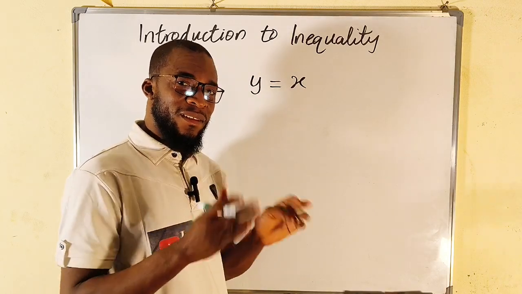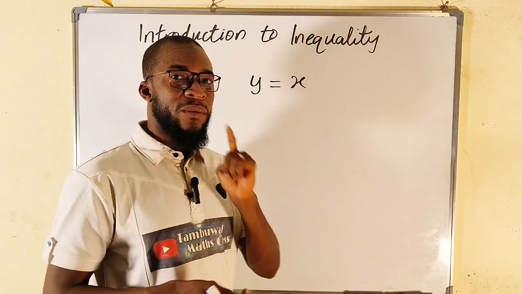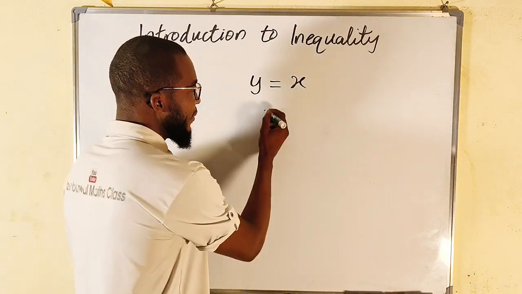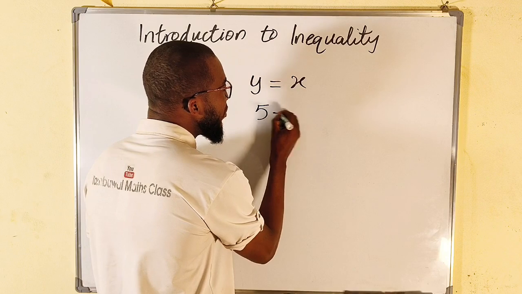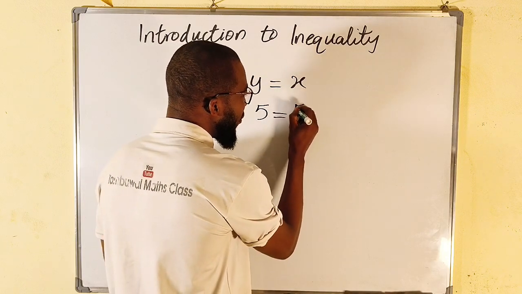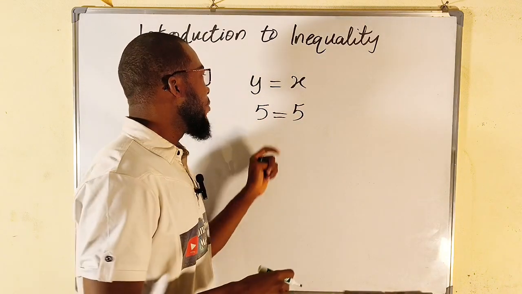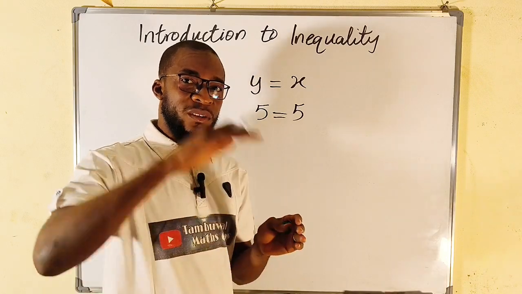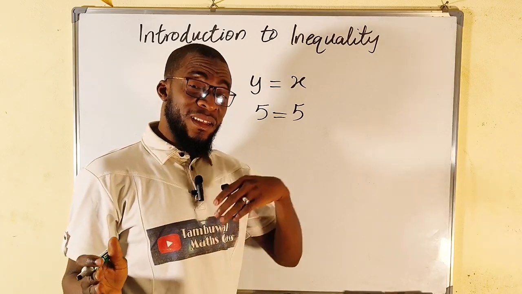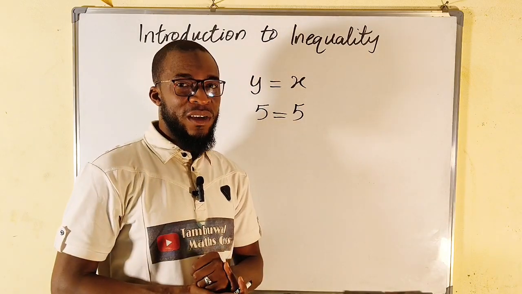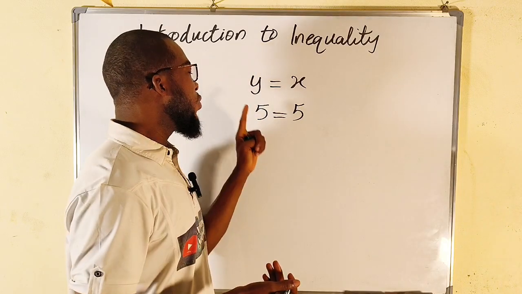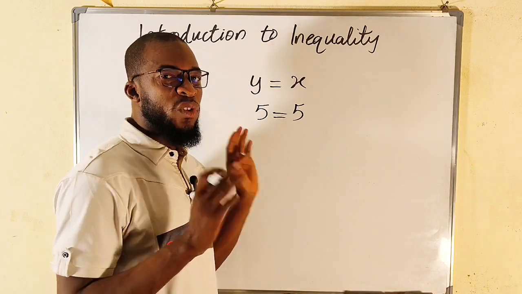They are exactly the same. For example, if y is equal to 5, it implies x is also equal to 5, because equality is telling us that what is on the left hand side is exactly the same as what is on the other side. No matter how you break it down, it will remain the same.